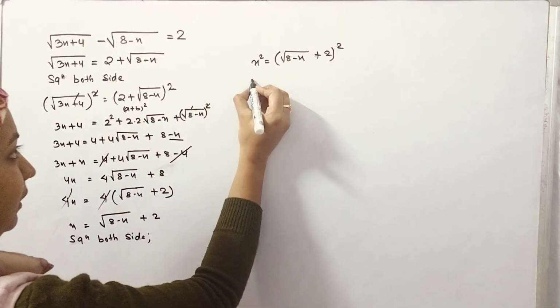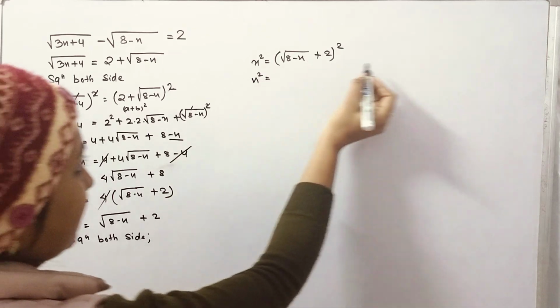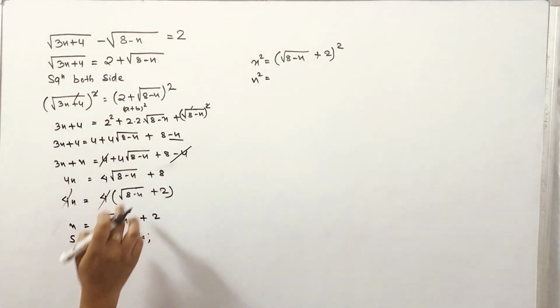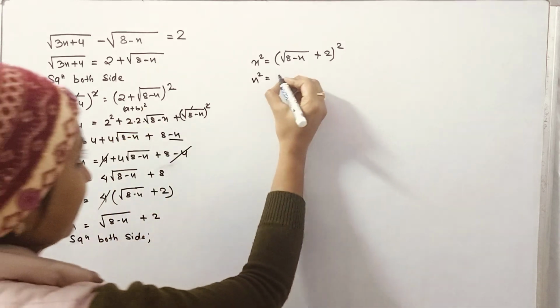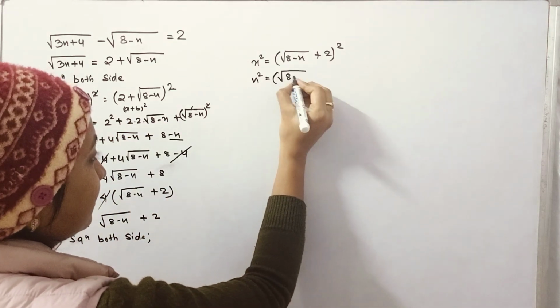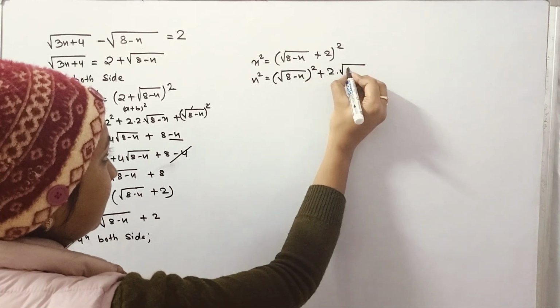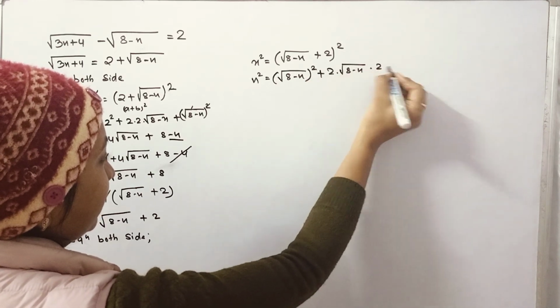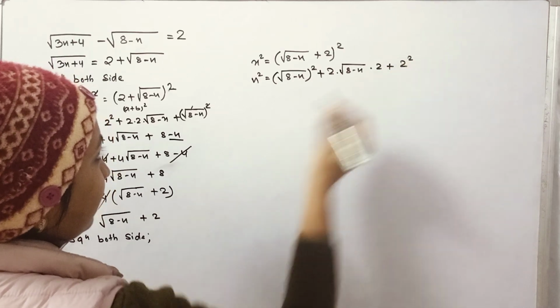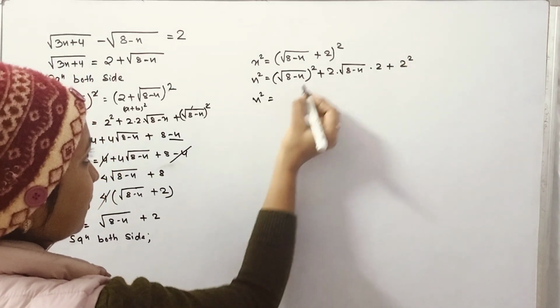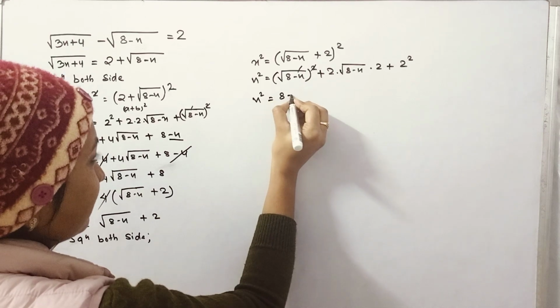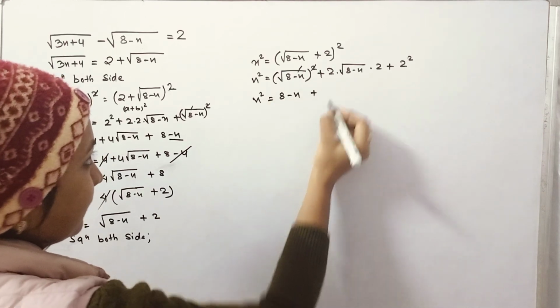Now this is in the form of a plus b whole square, that is a square plus 2ab plus b square.